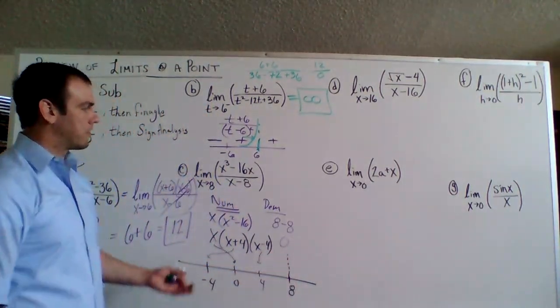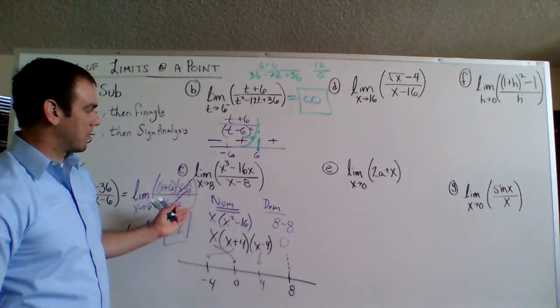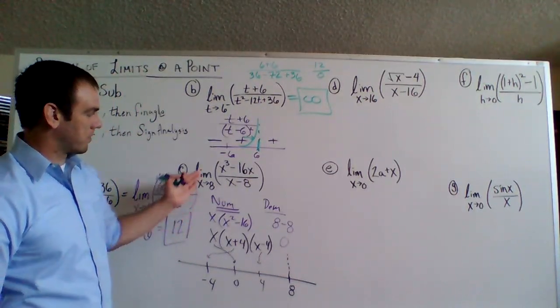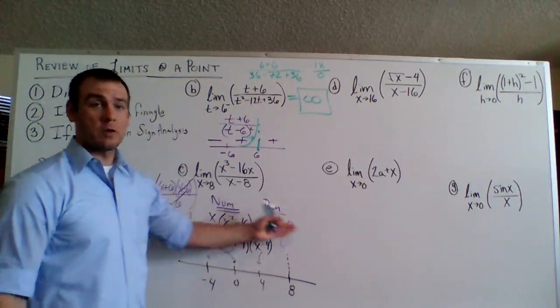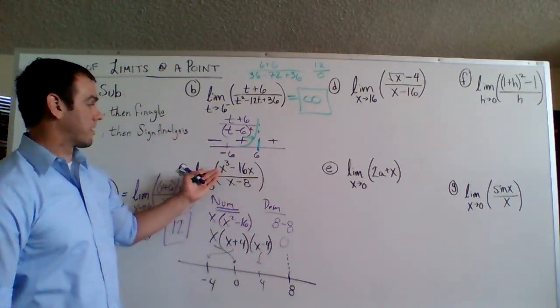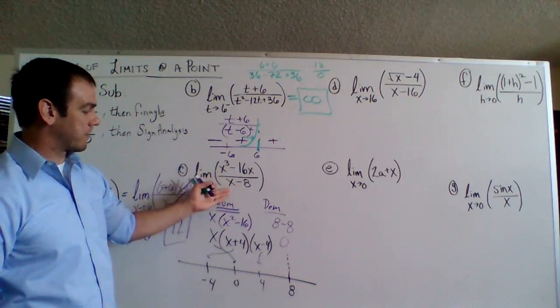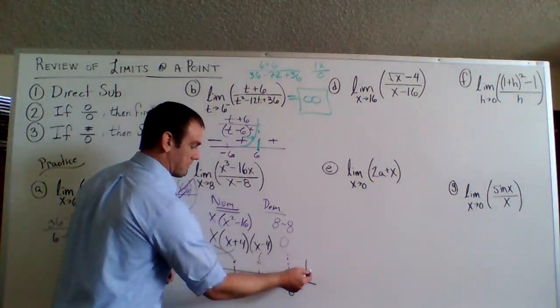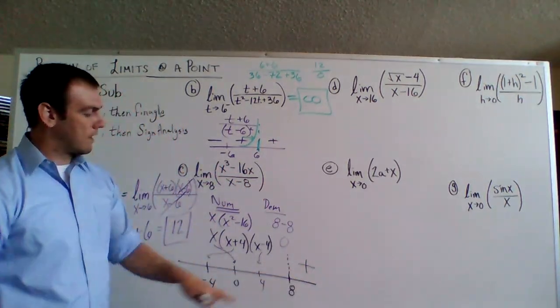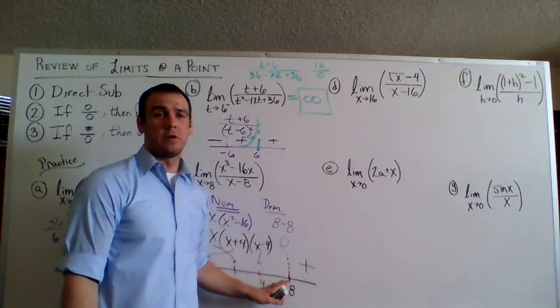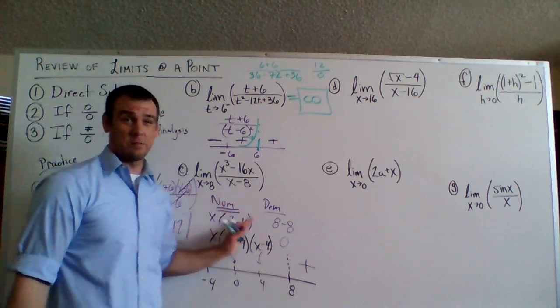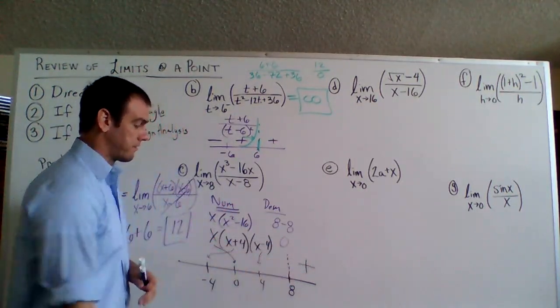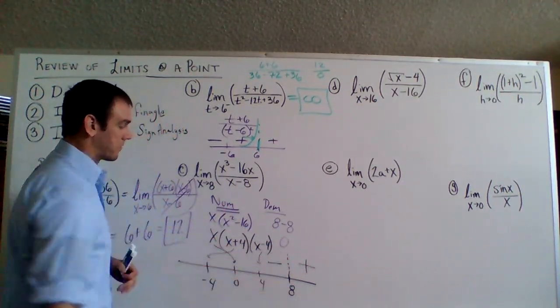So now when I do my sign analysis, maybe I want to plug in some really, really big number. If I plug in some really, really big number, this is going to be positive on top, positive on bottom. We're going to be positive here. 8, my vertical asymptote is only occurring there once, so it's odd multiplicity, so we're going to go from positive to negative.